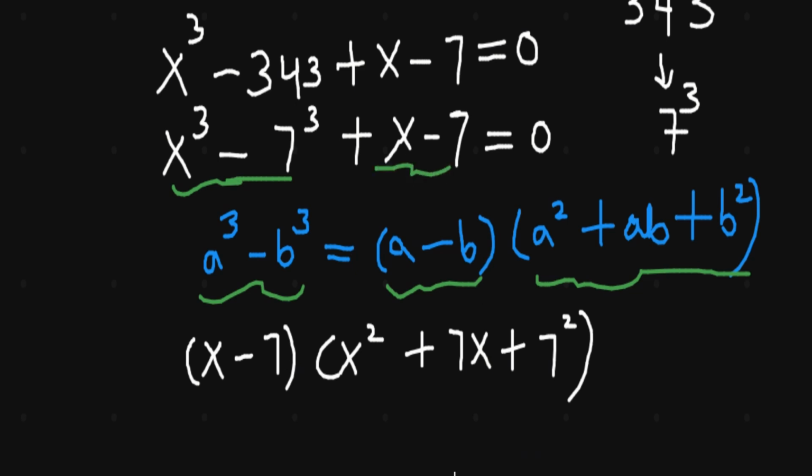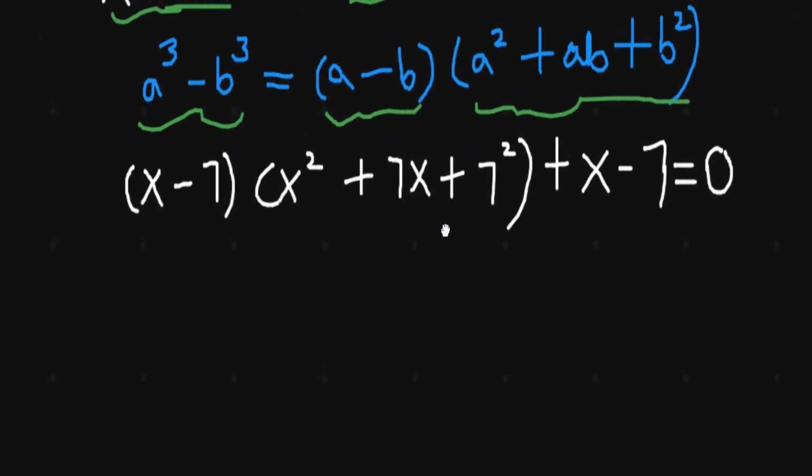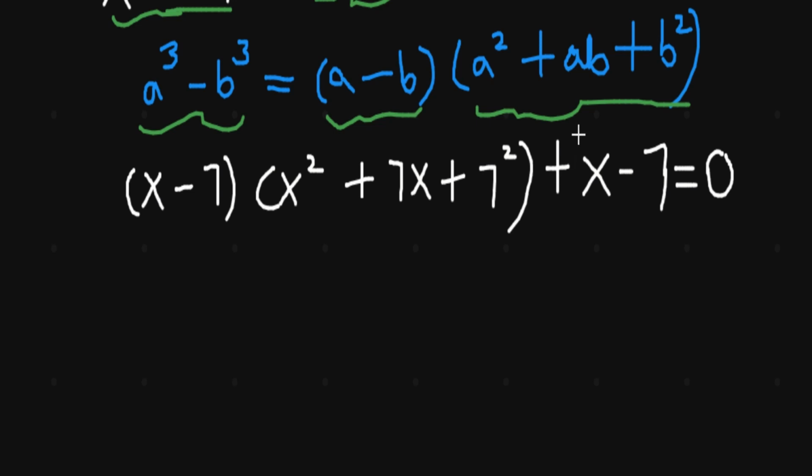And we are writing this equation again. x minus 7 is remaining here, so we are writing plus x minus 7 is equals to 0. So friends, here we have x minus 7 into x square plus 7x plus 7 square plus x minus 7.